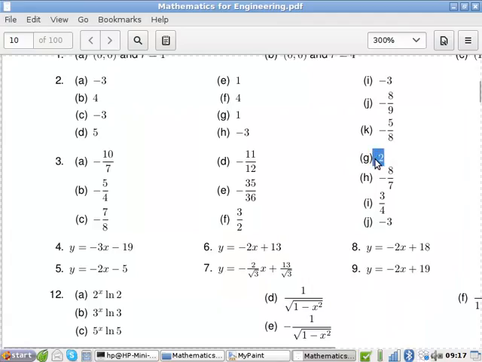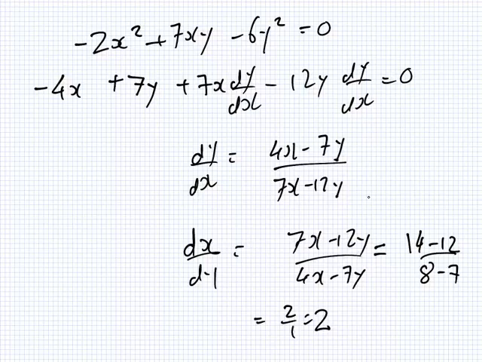Okay, can you go back to the... okay. Yeah. I know what I did. So I can take like the 7y plus 7x to be the coefficient of dy dx. That's what I did. And I added it to the minus 12y.